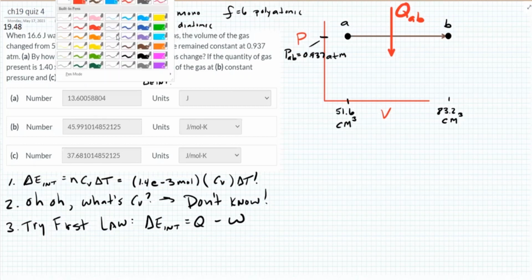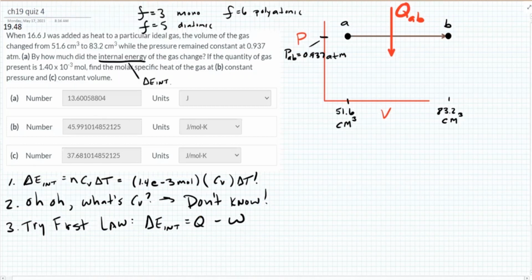Well, I like this for the following reason. Here's Q. I know what Q is. Can I find W? Yeah, I can find W. W is this. Let me draw it on the screen. W is the area under this graph. What I'm highlighting here in orange, this is W, the area.